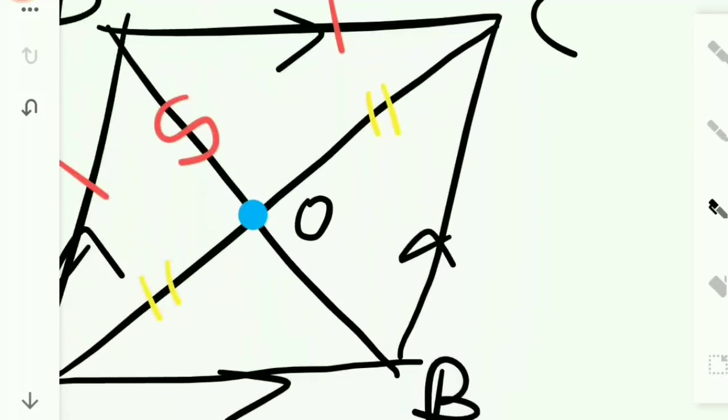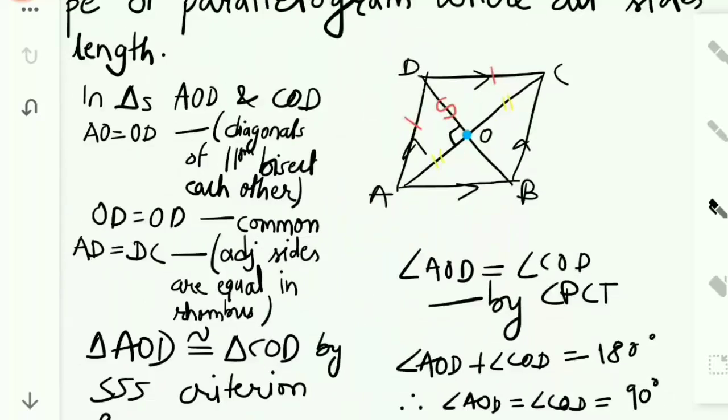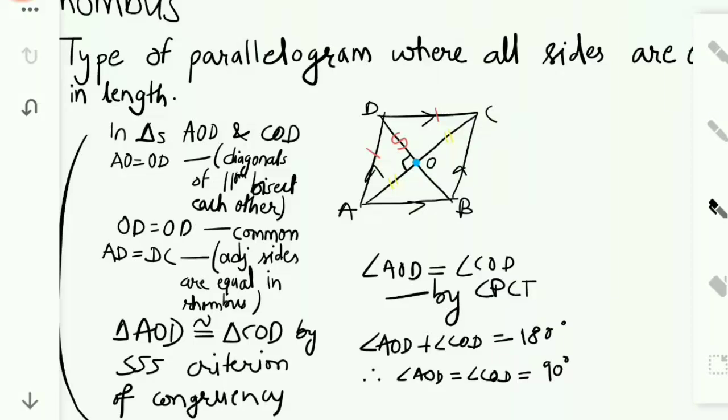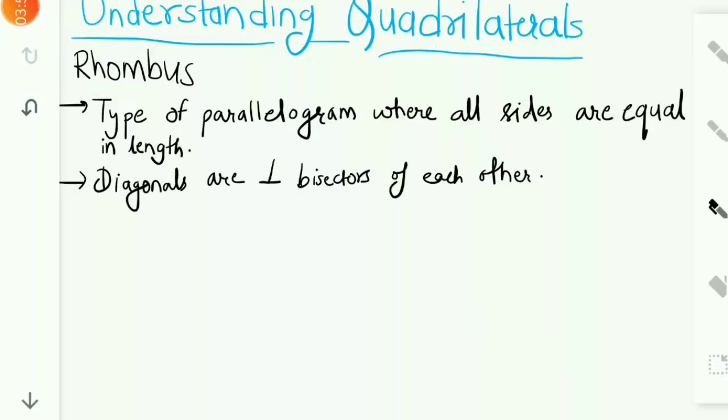So what have we learned from all this? We have learned that diagonals of a rhombus perpendicularly bisect each other. They are not equal to each other, but they perpendicularly bisect each other. This gives us our next property of rhombus, that is diagonals are perpendicular bisectors of each other.